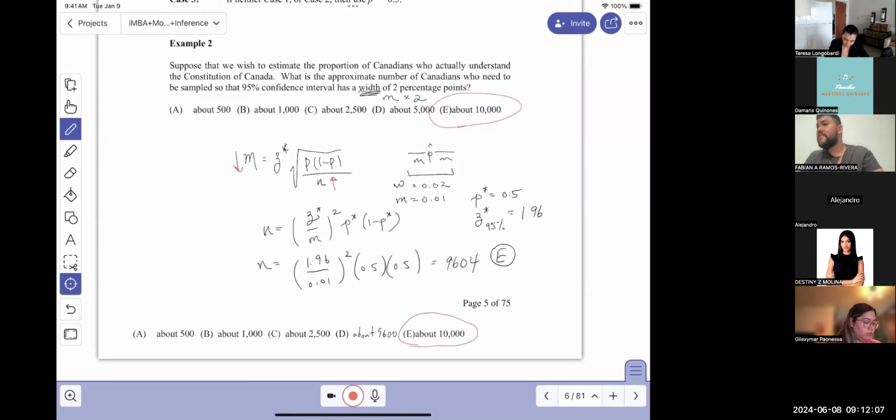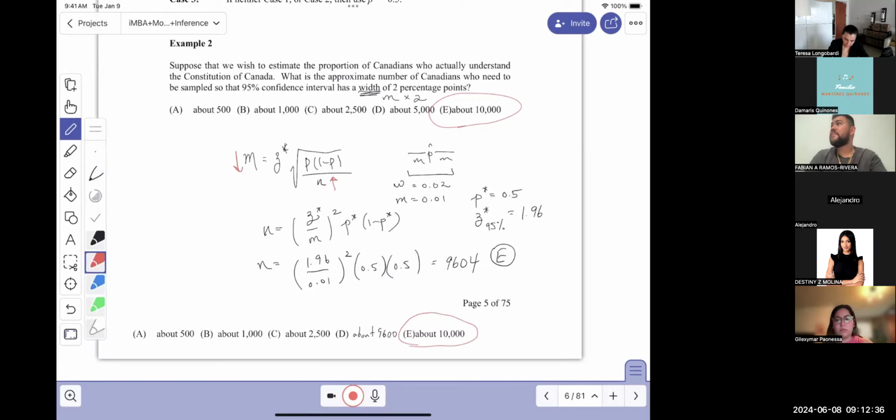If the margin goes smaller, then we are within the width. We want to have a width that's within 2 percentage points, or a margin that is 1%. So the larger N will make sure that happens.